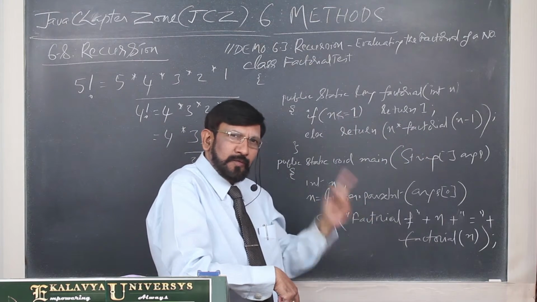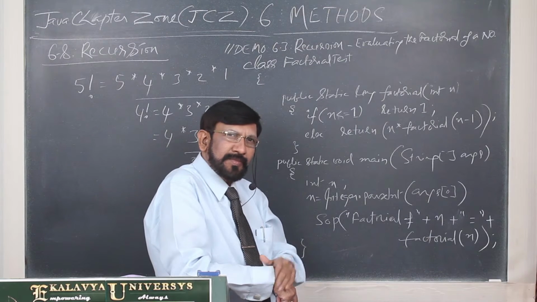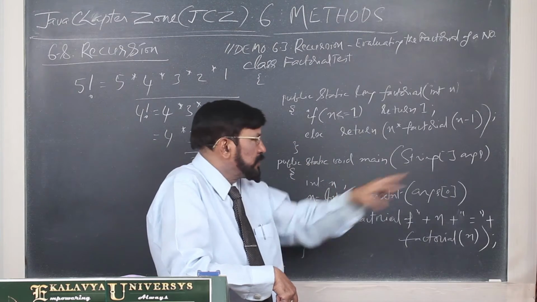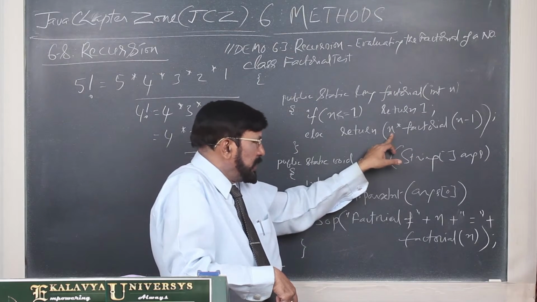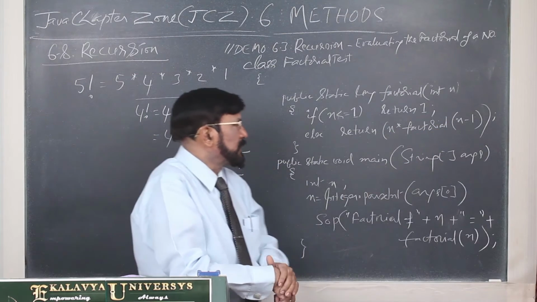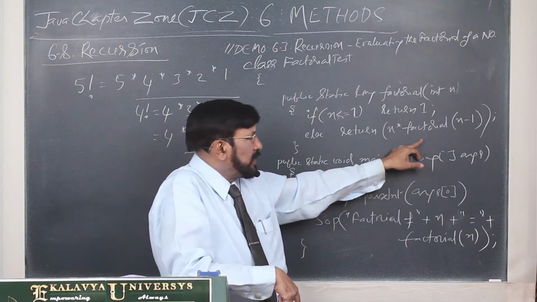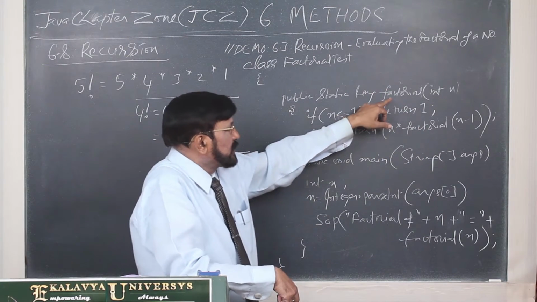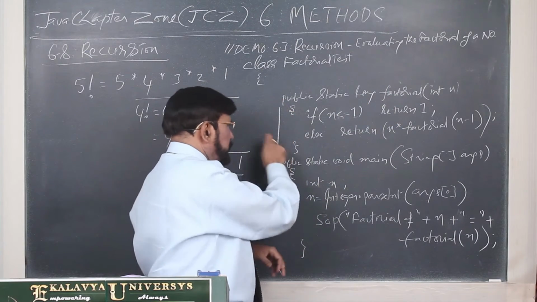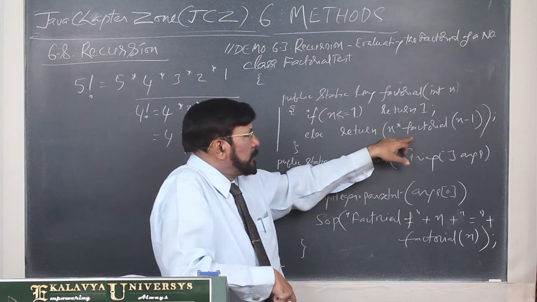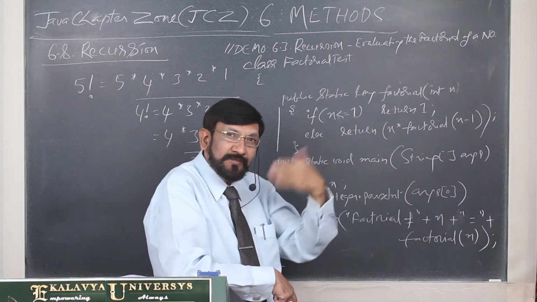If you want 4, it is 4 into factorial 3. When you want factorial 3, it is 3 into factorial 2. So that is n into factorial of n minus 1. This is nothing but calling the method by itself. This is the method body, you know that. Within the method body, which method is being called? The same method, self-calling.